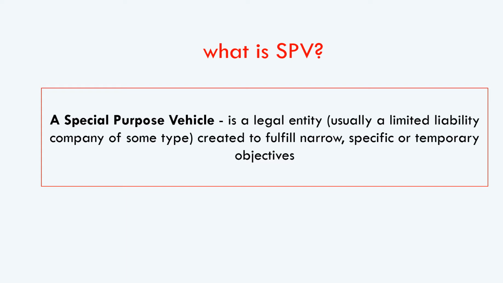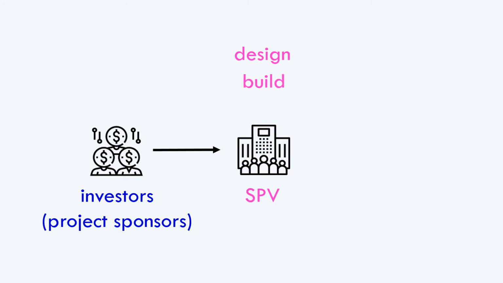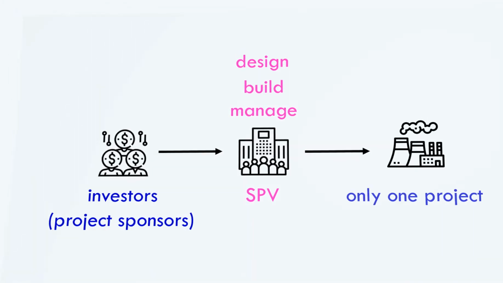And what are the steps involved in project finance? First, the investor, also called a project sponsor, sets up a special purpose vehicle with the sole purpose of designing, building, and managing a specific project. Then, the project sponsors have to develop the project.